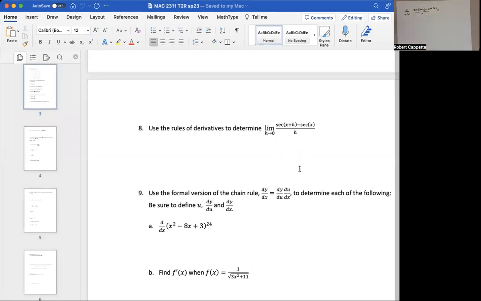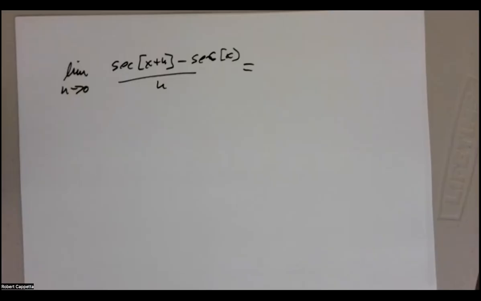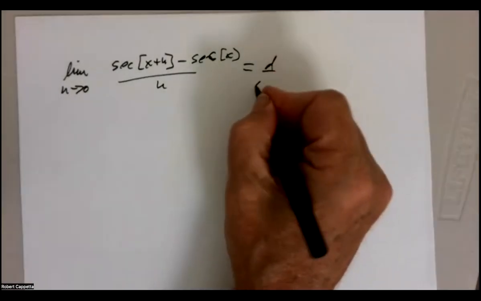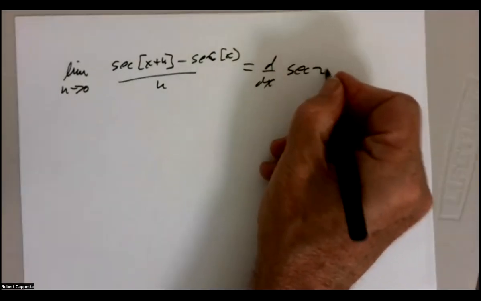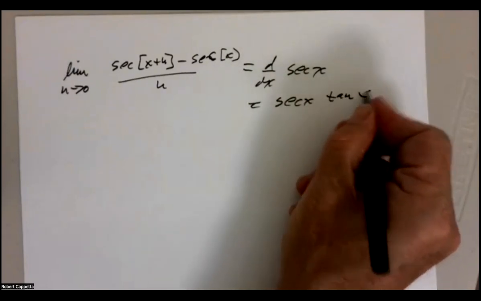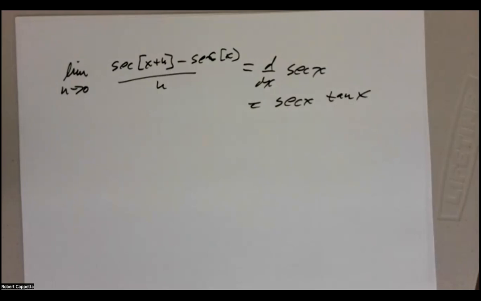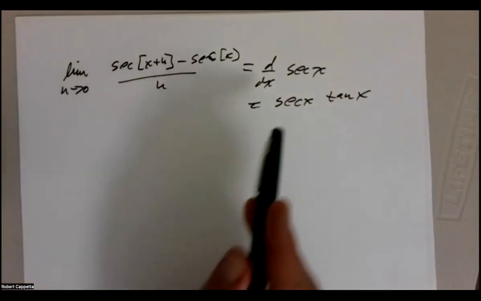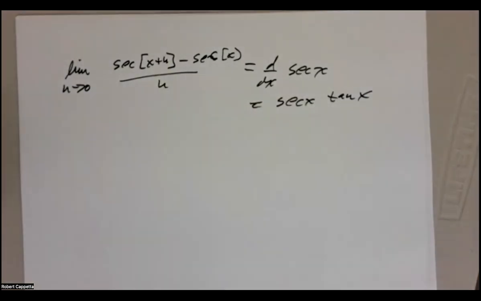We recognize that from our formula: that's just the derivative of secant x, and the answer to that is sec x tangent x. That's it. I just wanted you to recognize that fact. Recognizing the limit definition, we can immediately go to our shortcut strategies and get our answer that way. So that's all I wanted on 8.